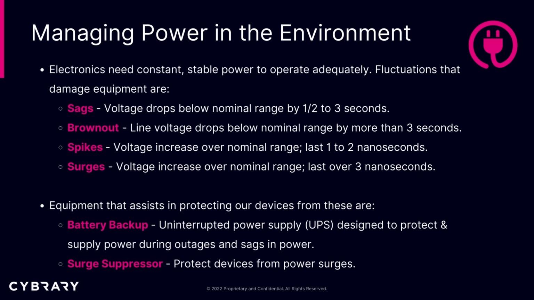Now, equipment that assists in protecting our devices from these anomalies are battery backups. Basically, a battery backup or an uninterruptible power supply or UPS is designed to protect and supply power during outages and sags in power. Sometimes there's host software that can be loaded onto your computer that does what's called a proper shutdown in the event of a blackout.